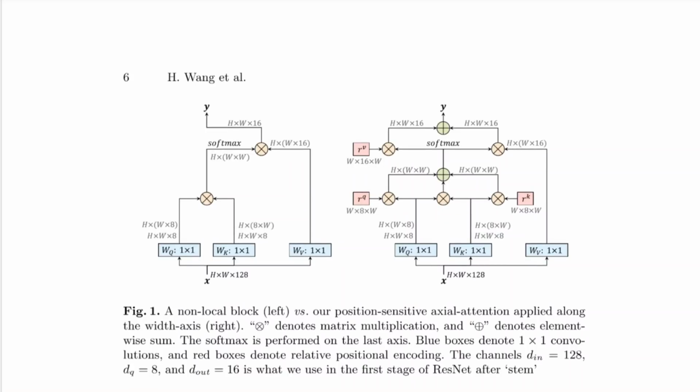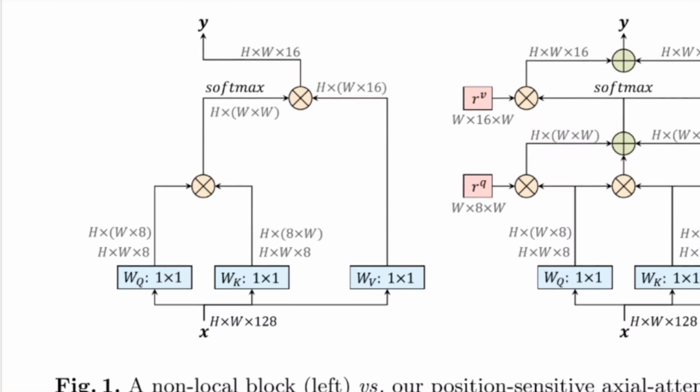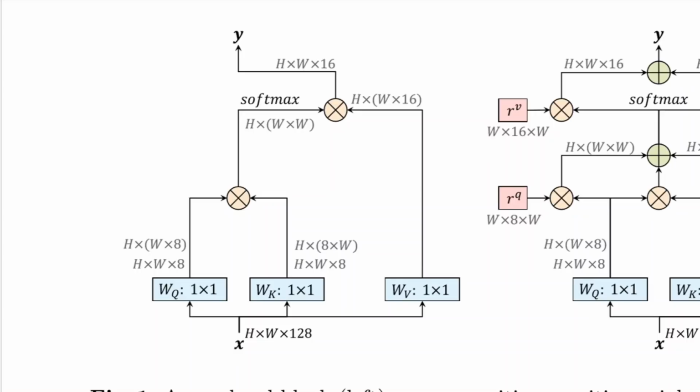So here is a contrast between what a traditional attention layer would do and what they would do. So a traditional attention layer gets the input X and transforms it by means of these linear transformations right here into the queries. These are the queries, let's call them Q, into the keys and into the values. Okay.